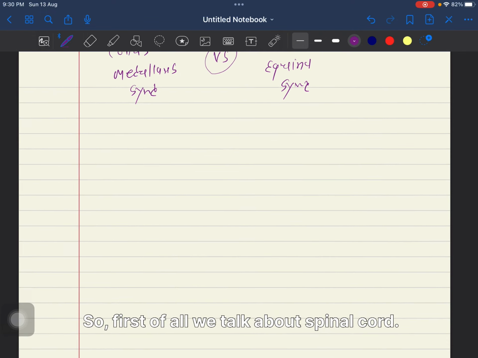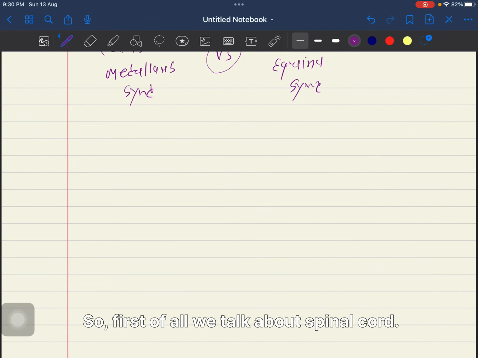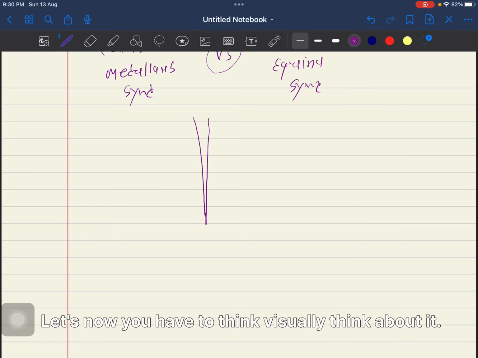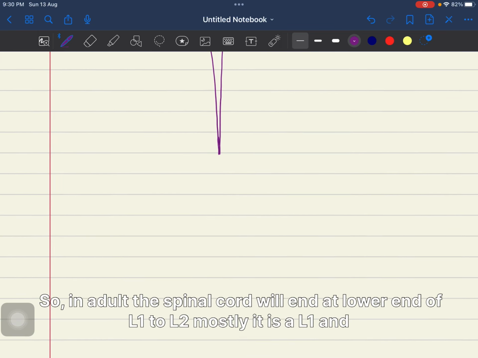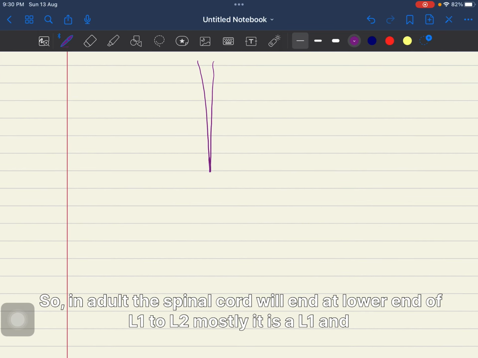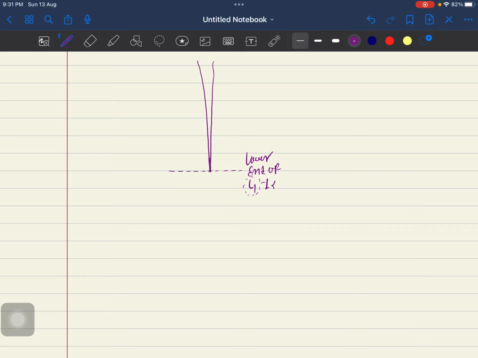So first of all, we talk about the spinal cord. Now you have to visually think about it. In an adult, the spinal cord will end at the lower end of L1 to L2, mostly it is L1.